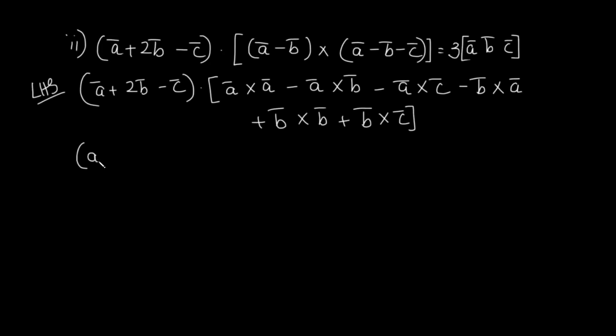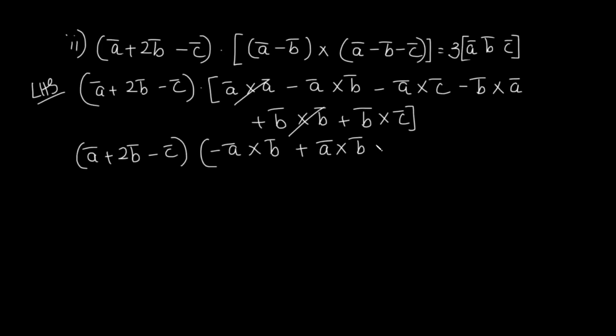Then over here, as usual A cross A becomes 0. Same way B cross B also becomes 0. So that goes away and thus we are going to get minus A cross B and minus B cross A. Let us write it as minus A cross B plus A cross B. This minus B cross A is written as plus A cross B. Similarly, minus A cross C remains as it is.